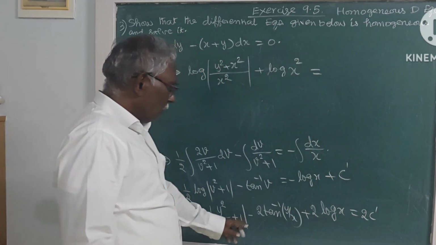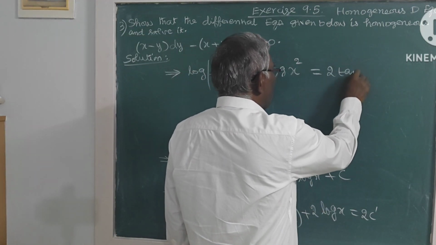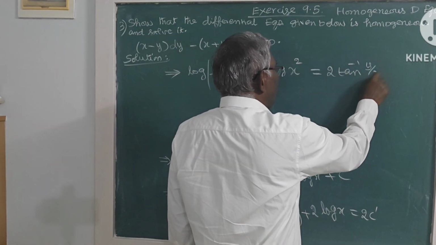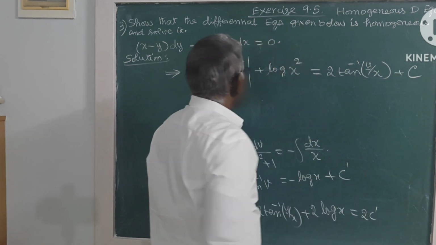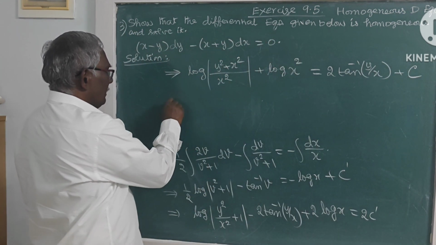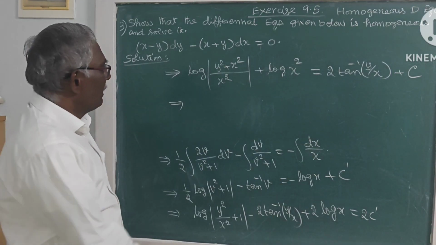So this is equal to 2 tan inverse y by x plus constant. So log m plus log n is log mn.